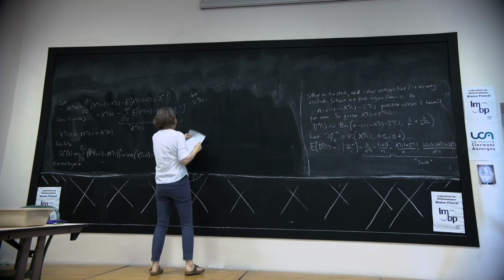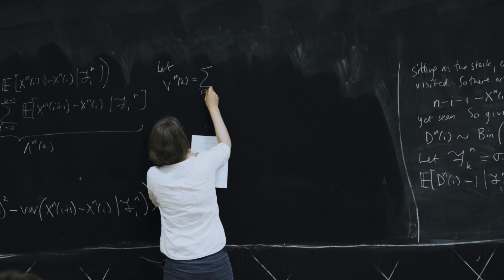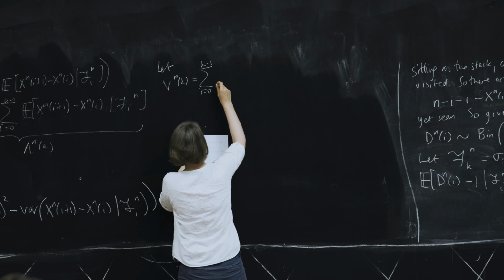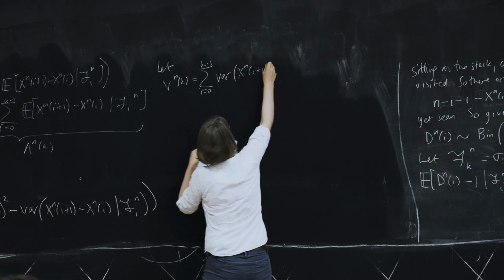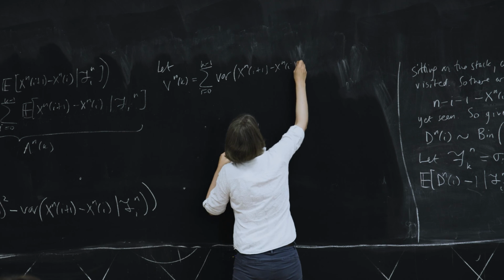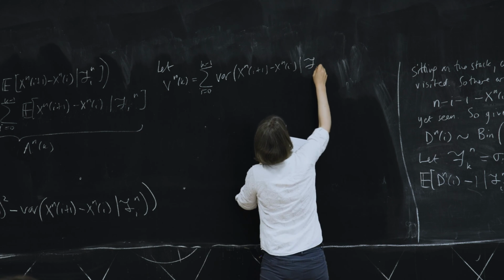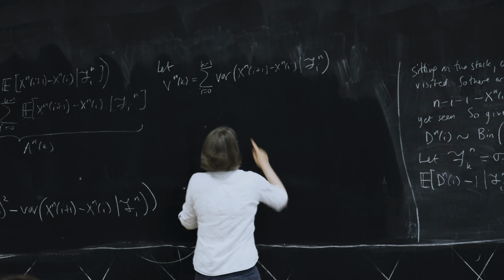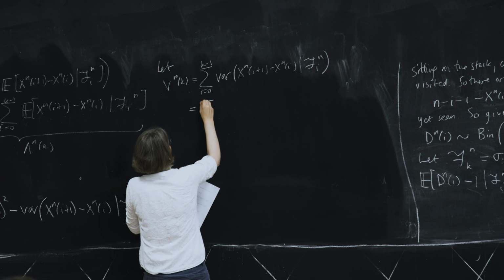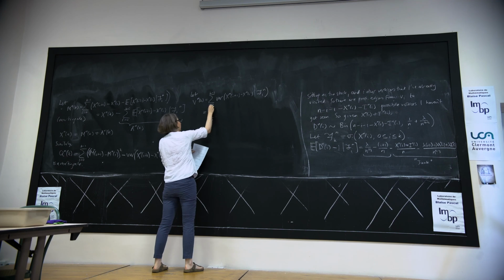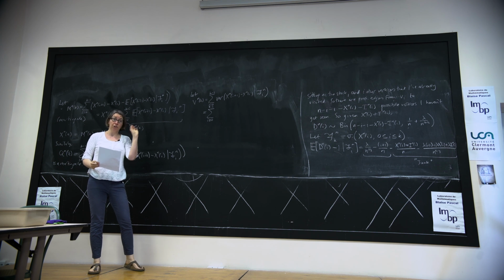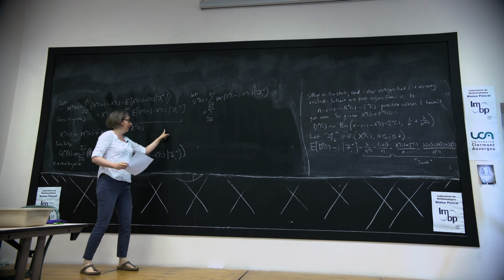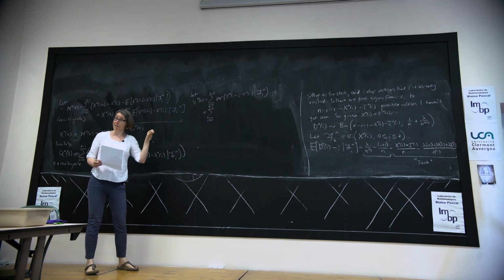So let me give myself some notation. Let's take this part here: the sum from 0 to k minus 1 of this conditional variance of an increment of my process X given F_i. Let me immediately write down an expression for this. This all looks a little bit abstract, but we do actually have explicit expressions for this. We know that an increment of our process has a binomial distribution, so its conditional variance is just np(1 minus p) for the appropriate n's and p's.